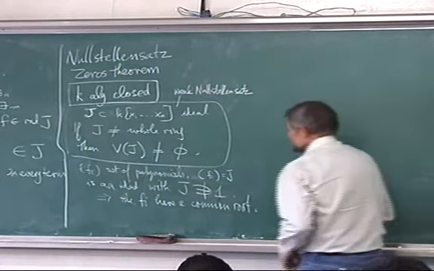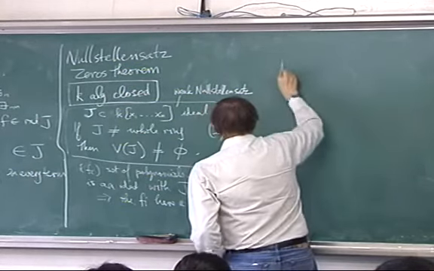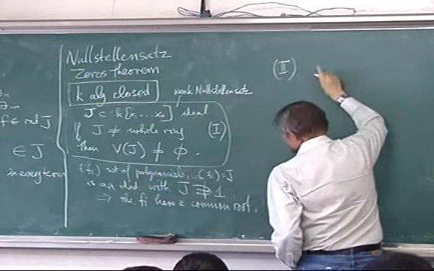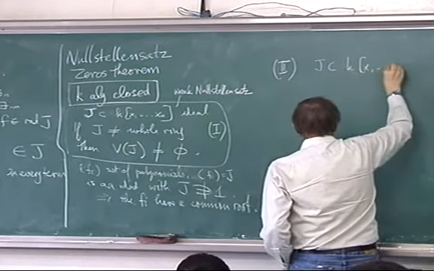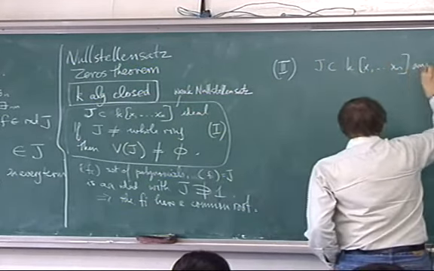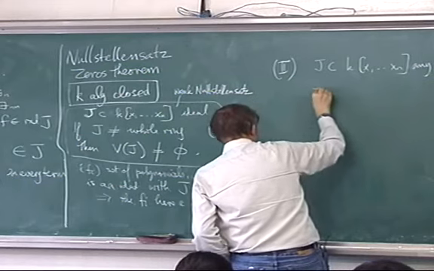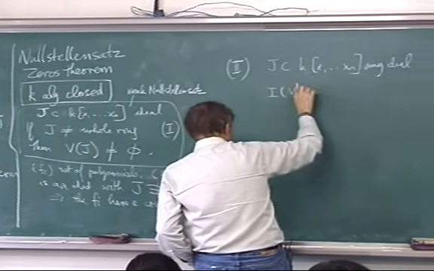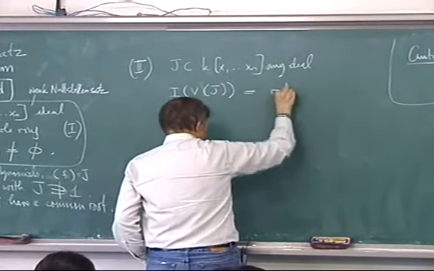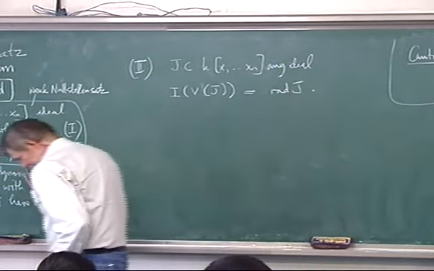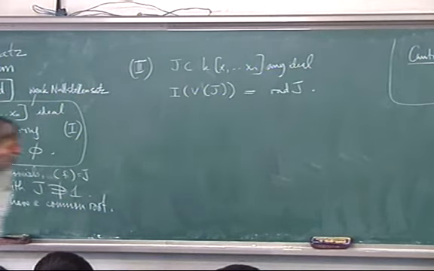Right, and then the second part. So this is part 1, part 2. I ask this question: if J in K of x1 up to xn is any ideal, then if I do I of V of J, then I get the radical of J. That's exactly what happened in the example over there with those two tangent conics.